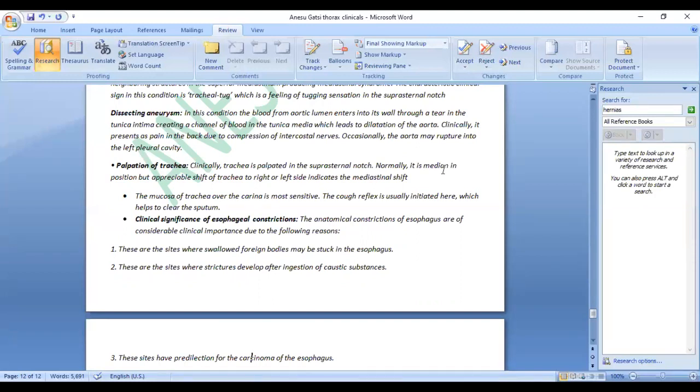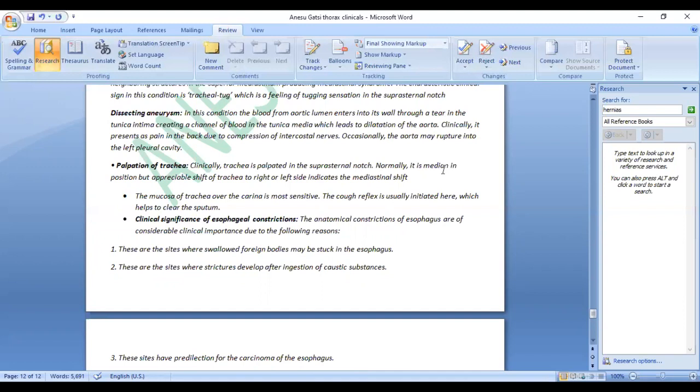Then the esophagus has three very important constrictions. One where the pharynx joins the esophagus, then the other one where it's crossed by the left bronchus and the aorta, and the third one where it crosses through the esophageal opening to gain access into the stomach.